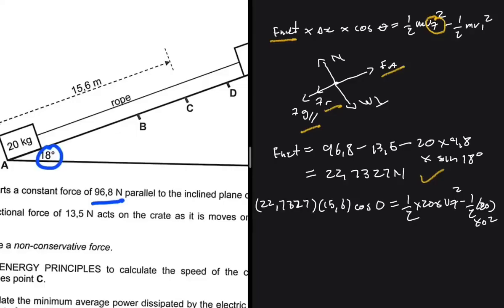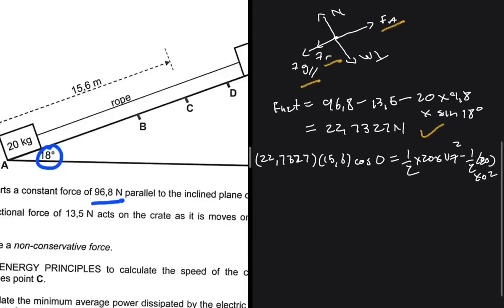Let me solve the left hand side. 22.7327 multiplied by 15.6 multiplied by 1. What am I getting? I'm getting 354.6301 equals, so I have multiplied by 20, that will be 10, and then we have VF squared.